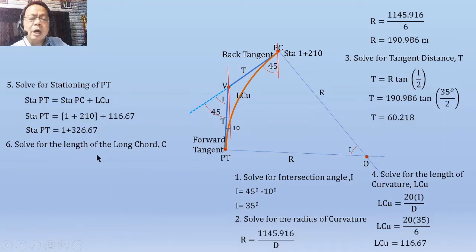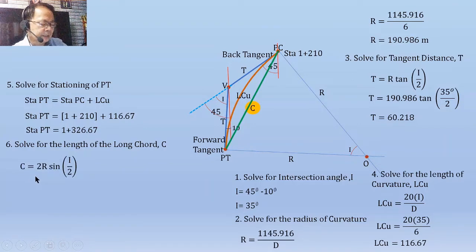Now after we have solved for the PT, we can solve for the length of the long chord. How do we define the length of the long chord? It is the line that joins our PC and the PT. So this is our length of the long chord, represented here by the symbol C. And how do we solve for this C? The formula is C equal to 2 times the radius multiplied by sine of 1/2 of the intersection angle, or sine of I over 2.